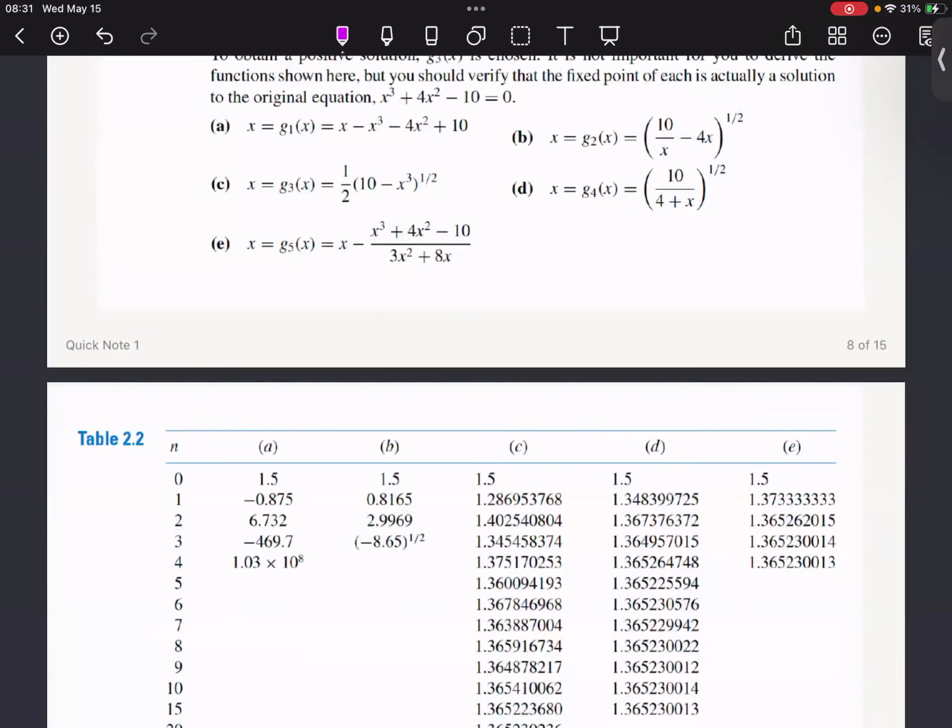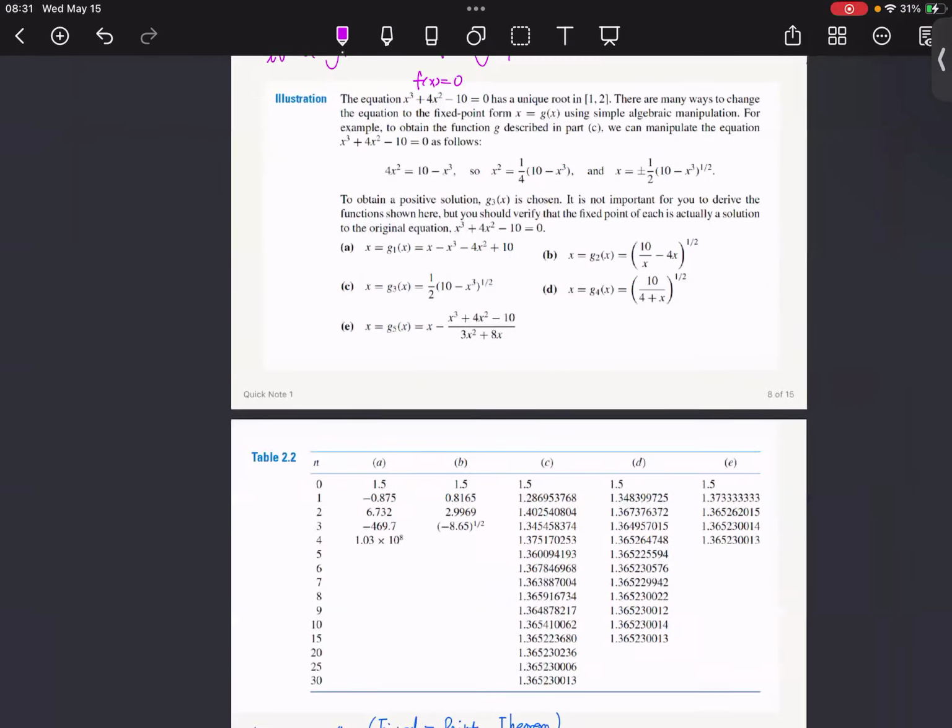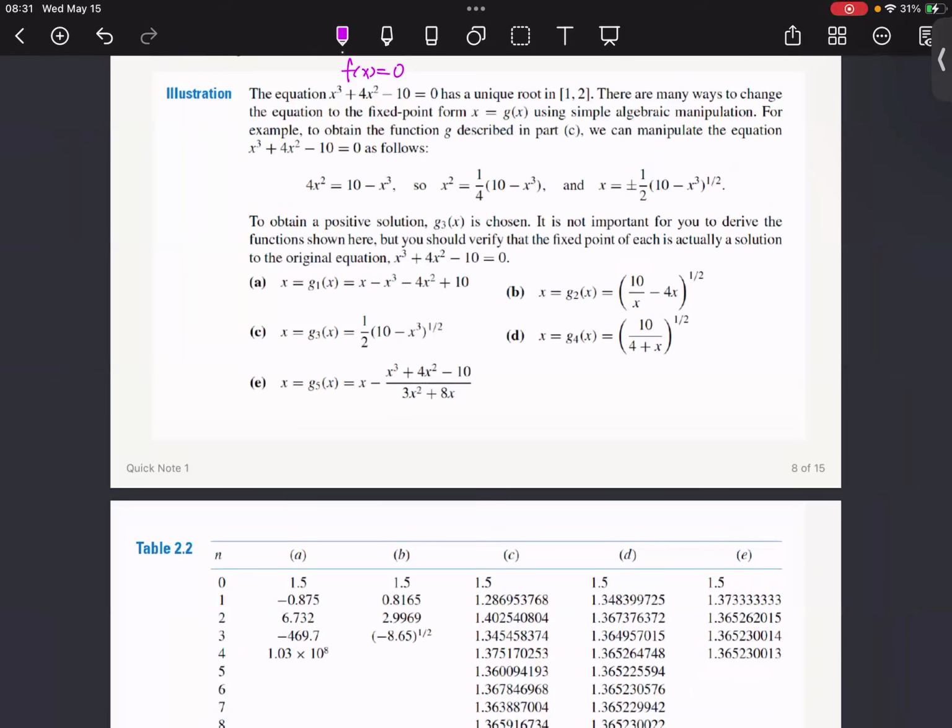Actually, do you see something magical here? This is the example we showed in the fixed point methods iteration, and we wrote down some equivalent formats of the root finding problem. And then this is the fixed point methods, right?